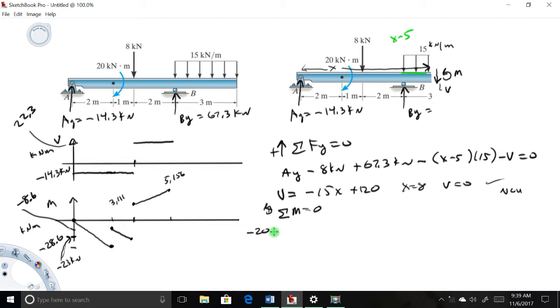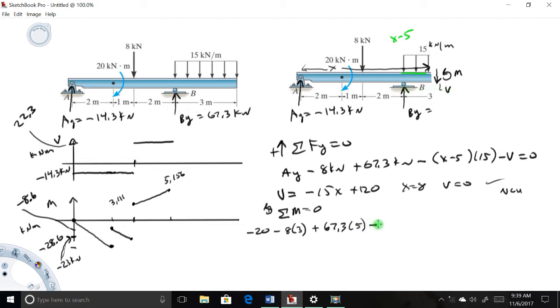Then we're going to have minus 8 times 3 for this force vector. Then we're going to have, let's see, this guy, plus BY, 67.3, and I just glanced right here for my number, times 5. I'm going to do all the easy stuff first.